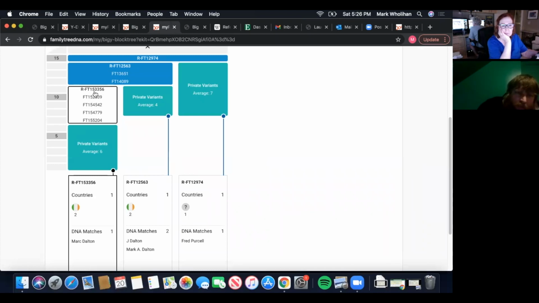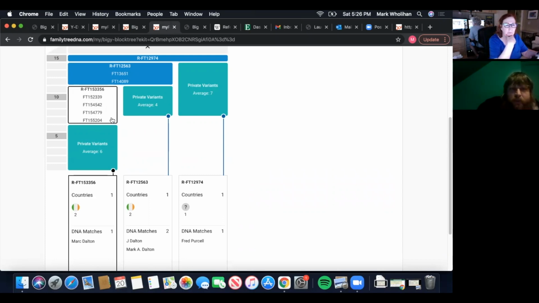So this block here is your terminal SNP, FT153356. But they have 4 different numbers underneath it here, but they're all in the same block.